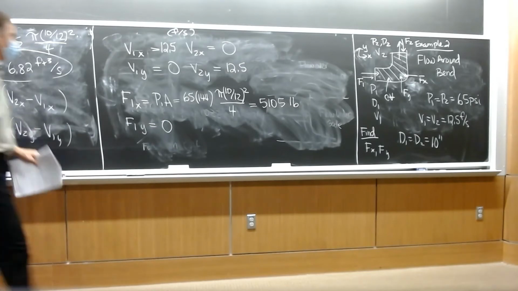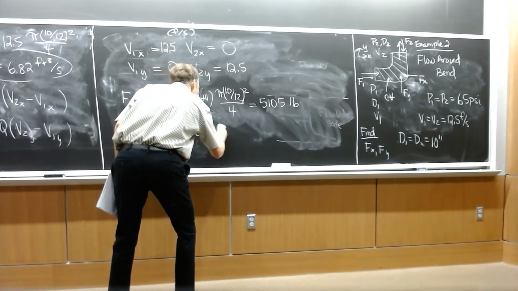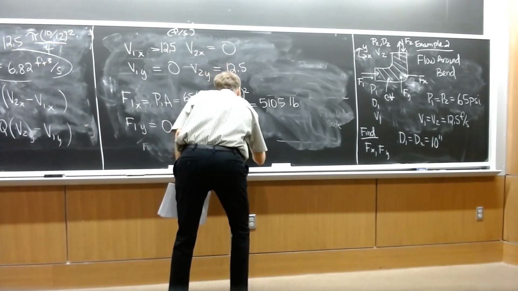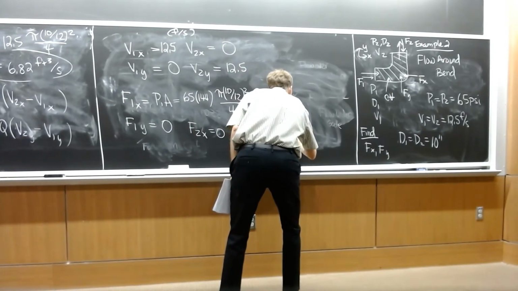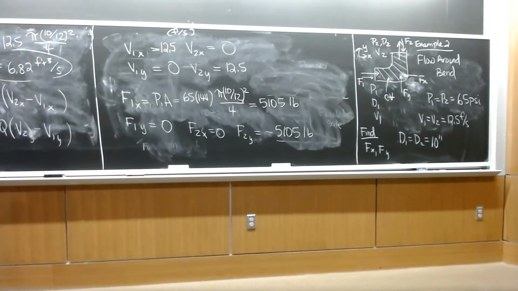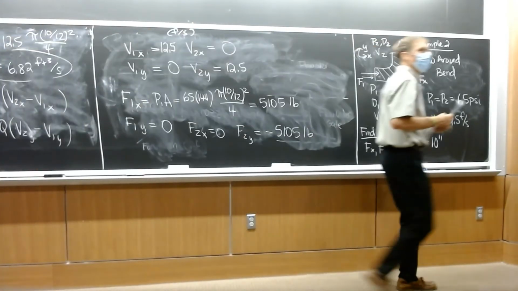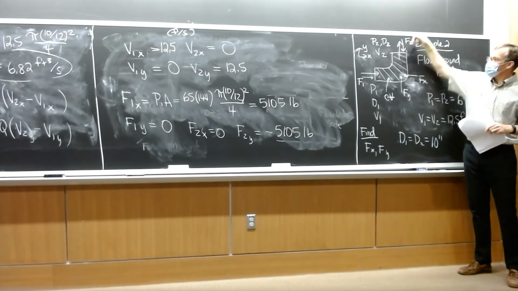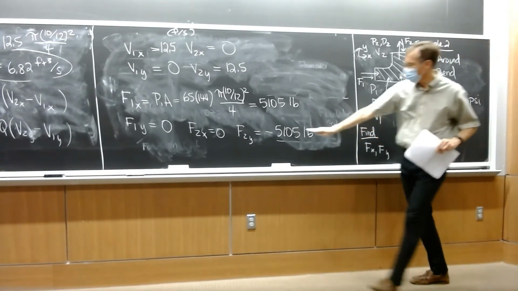Likewise, because the pressure on the control volume, the pressure that's in the pipe, is pushing in the negative Y direction, that's why I have that as a negative.